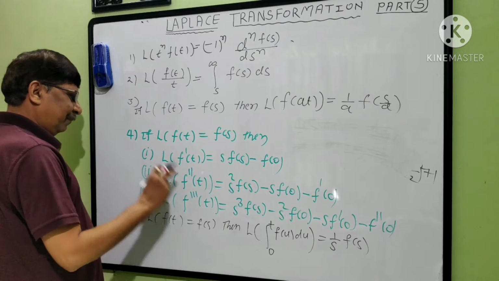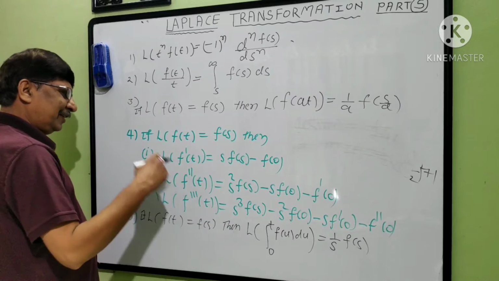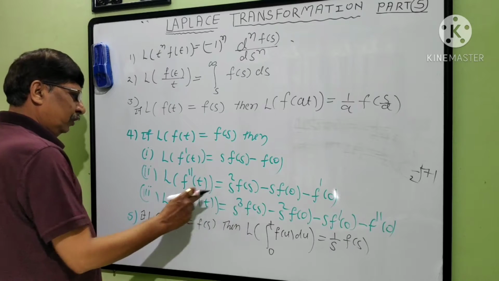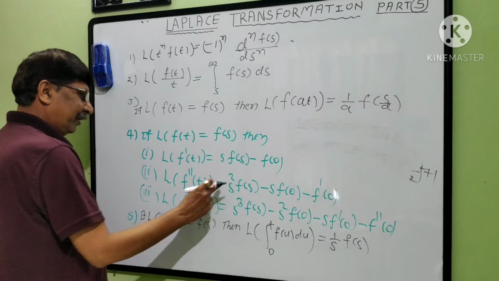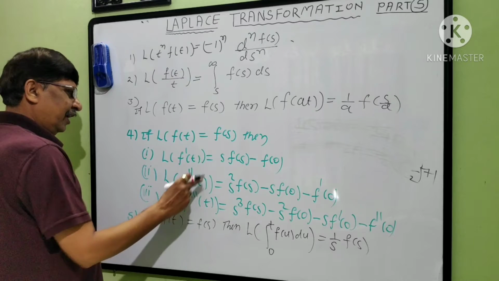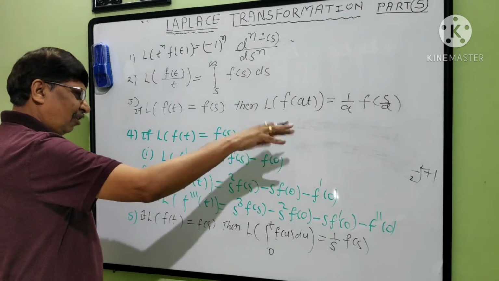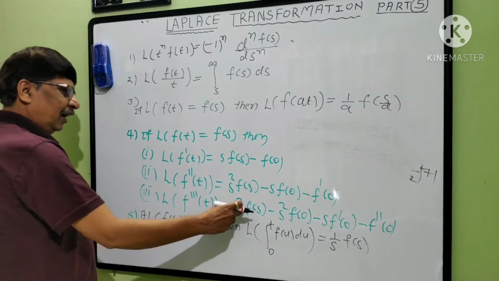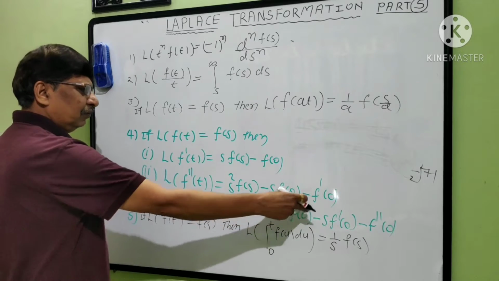For the third derivative, keep in mind you start from s cube; second derivative from s square, first derivative from s. The first term is always F of s, then minus all this, and write the coefficients decreasing by 1 each time.